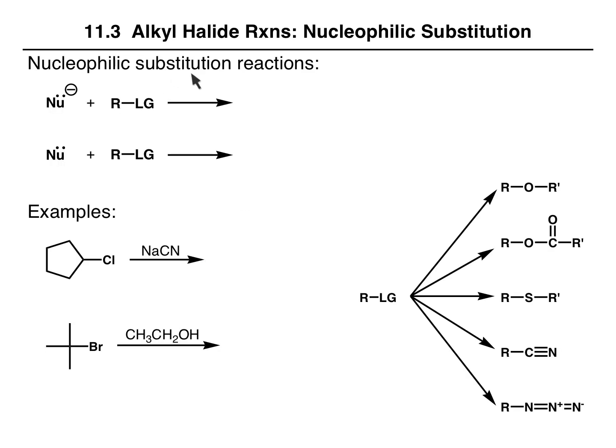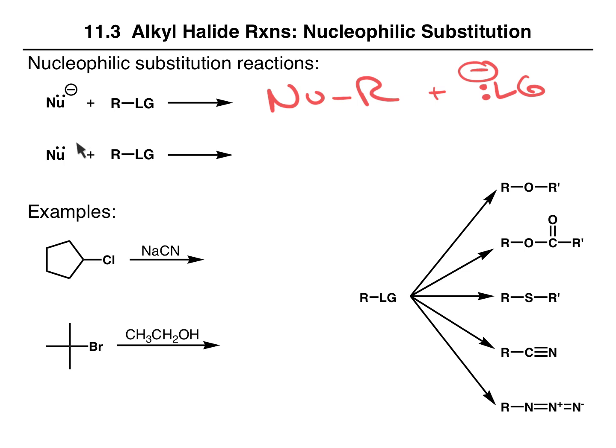As we think about nucleophilic substitution reactions, we might have a nucleophile that has a negative charge, and this can react with some alkyl halide or other groups where Lg stands for a leaving group. If we're starting out with a negatively charged nucleophile, then we will end up with a new bond between the nucleophile and the R group, and we're going to have our Lg leaving with the pair of electrons.